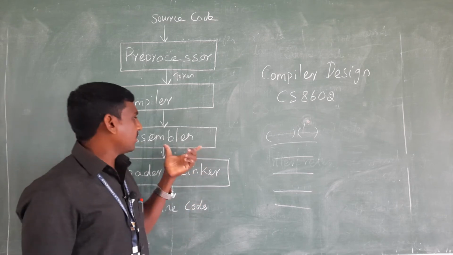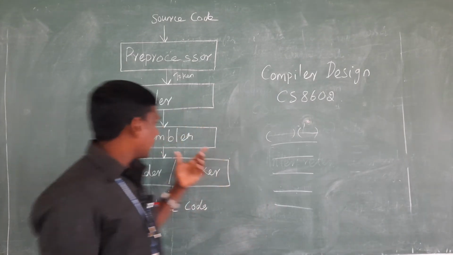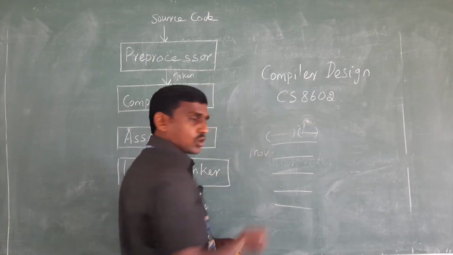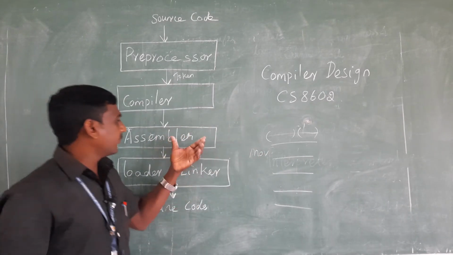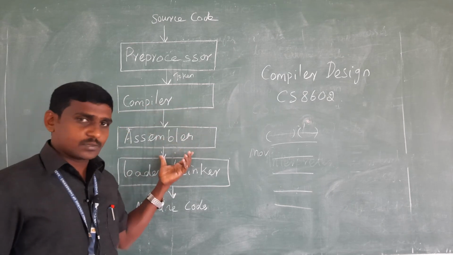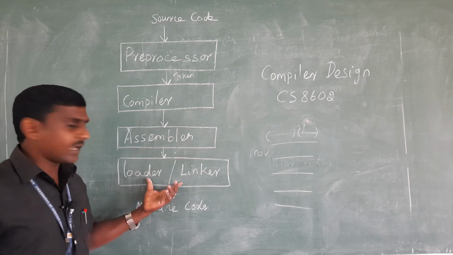The duty of the assembler is to convert it into an assembly language program. We studied mnemonics like MOV A, B; that is called an assembly language program. Then it gives it to the loader and linker.